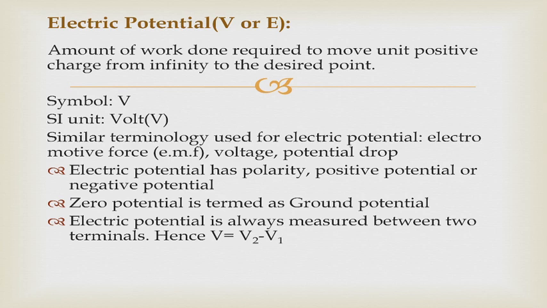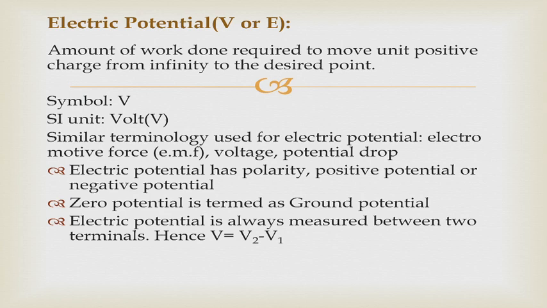So generally the symbol used for electric potential is V or E. There are many terms used for electric potential in electronics. Sometimes it is referred to as electromotive force, voltage, potential drop, or electric potential.